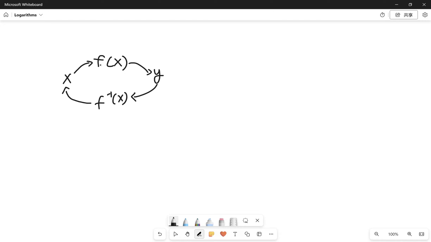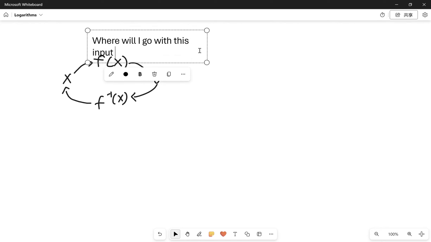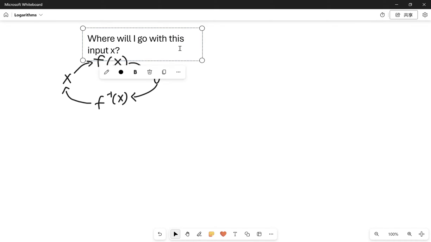So you can imagine for f of x, you're looking at the function from the input. So f of x is actually just asking, where will I go with this input x, right? Like, will I go to y or will I not?